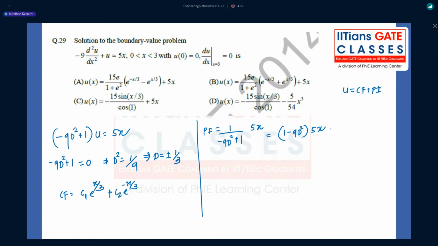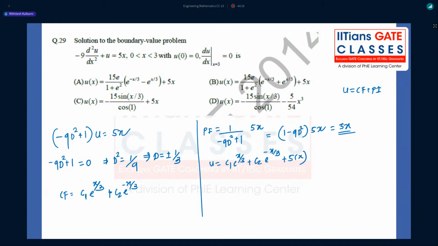Okay, so 5x as it is, and if you double differentiate 5x, you'll get 0. So the answer here is 5x itself. So the total solution can be written as C1 e to the power x by 3 plus C2 e to the power minus x by 3 plus 5x.